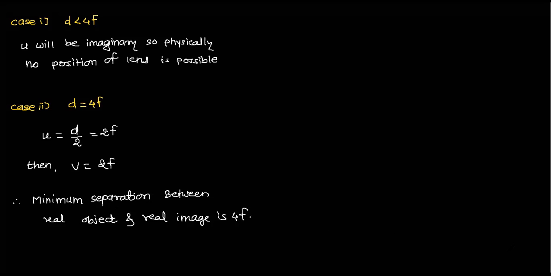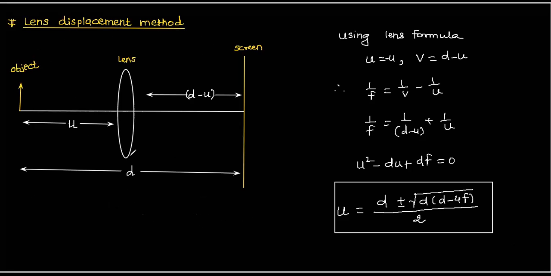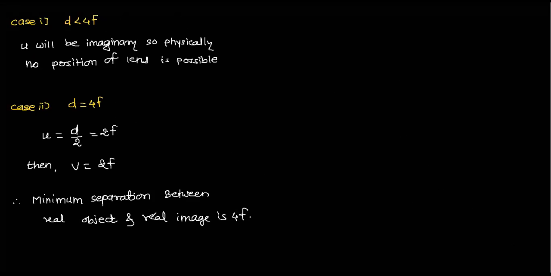Okay, so it means whatever this distance d is, if you want to get at least one image, the object and screen must be placed at least 4 times the focal length apart. That is the meaning of this one. Okay, right?